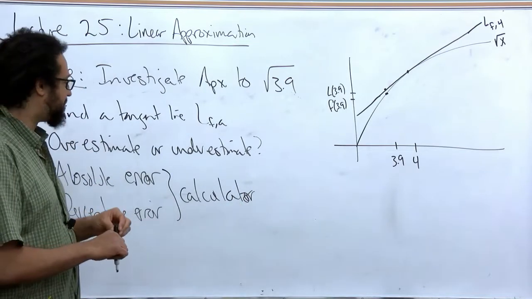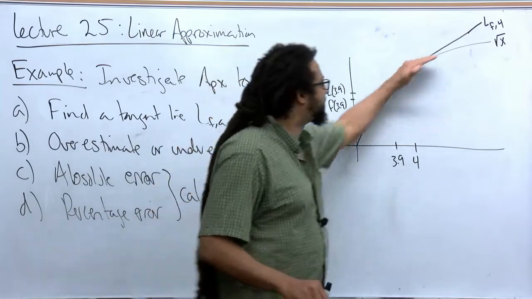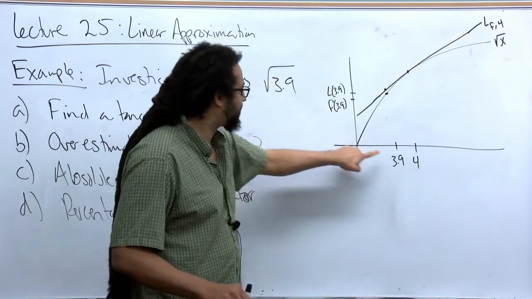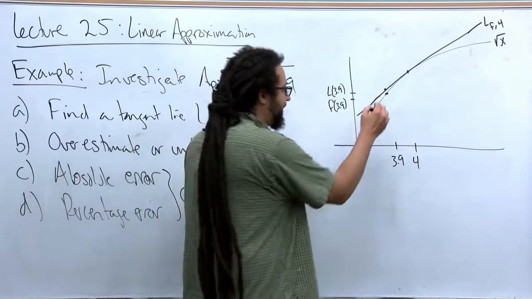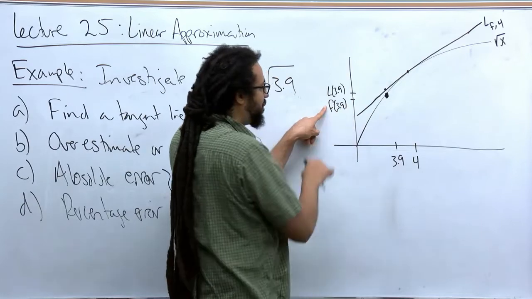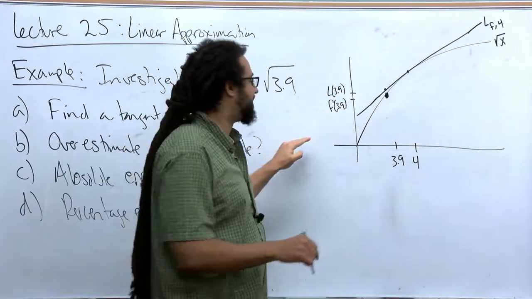So here's a picture of what it is we're trying to do. So here's the square root function, and we're looking for the value of the square root of 3.9. So that's this dot here, and that's f of 3.9. Now what we're going to do is find the equation of the tangent line.